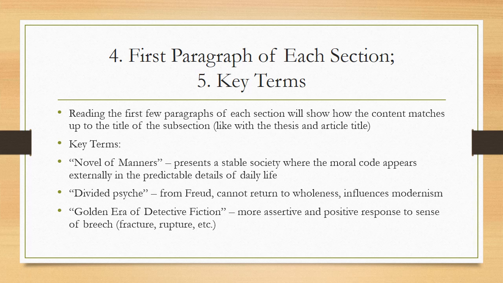So it only makes sense, this connection between golden era detective fiction and the novel of manners. And those both contrast, reverse, the divided psyche of modernism. So with a few key terms here, we can see some of the ways the author supports his argument. So that's why it's good to define key terms. We understood the argument, now we understand it even better.